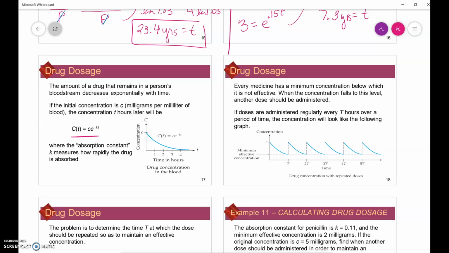So if you look at slide 18, you'll take the dose and then it'll start to wear off. The time where it hits that minimum effective concentration is when you should take another dose. So you get the full dose again and then it wears off, and that pattern continues. What we're going to be able to do is find the time period at which the medicine should be taken.